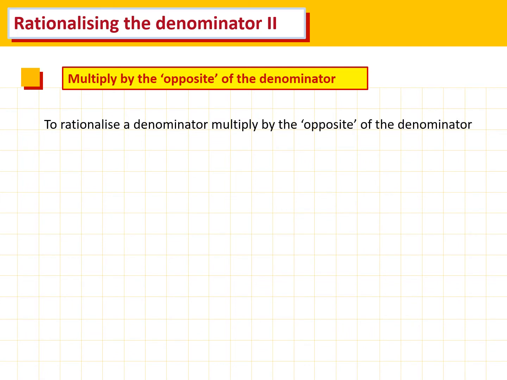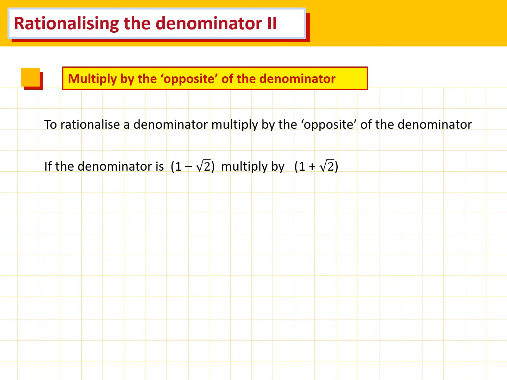Therefore, to rationalize a denominator means to rid ourselves of the surd part of the denominator. A rational means a number that can be expressed as a fraction, and a surd cannot be expressed as a fraction. So if we have a surd in the denominator, we need to rid ourselves of that surd. And to do that, if the denominator is 1 subtract root 2, we multiply by 1 plus root 2.